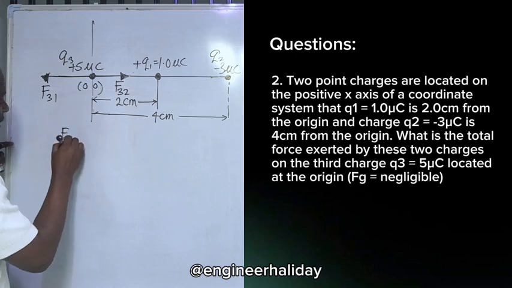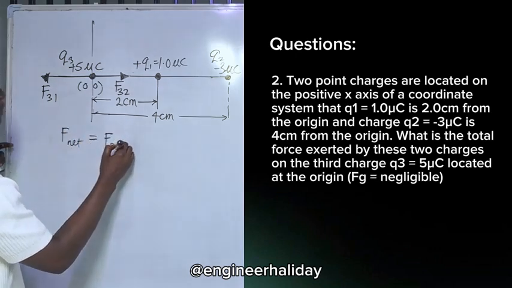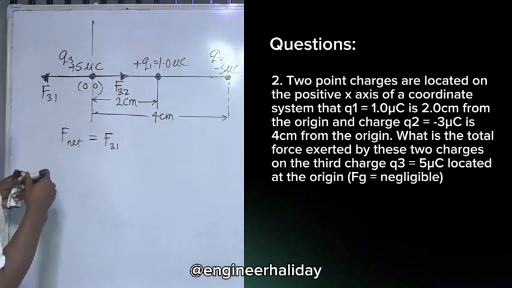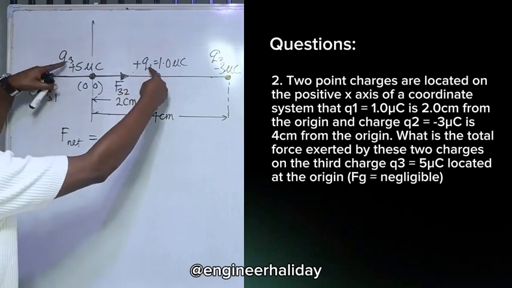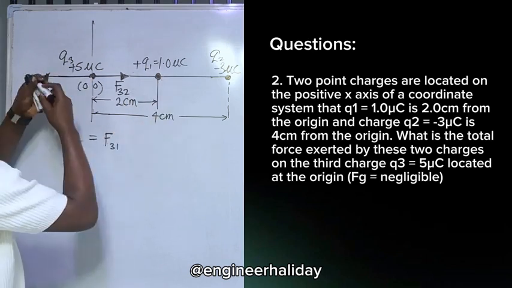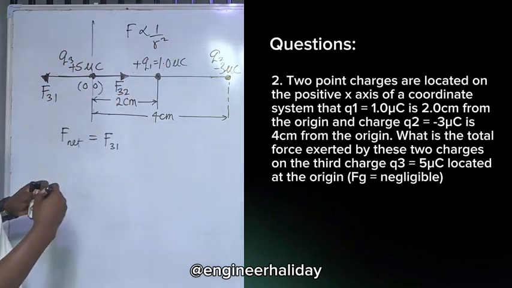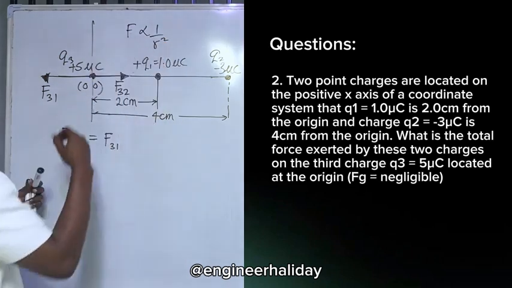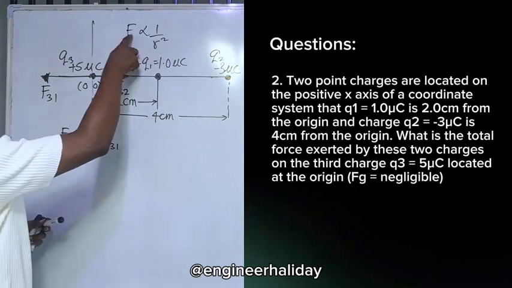What is the net force? The net force will be equal to F31, which is bigger. Why am I choosing F31? F31 is between 3 and 1, which is closer in distance, creating a higher force. Don't forget, F is inversely proportional to r squared, so the smaller the distance, the higher the force.